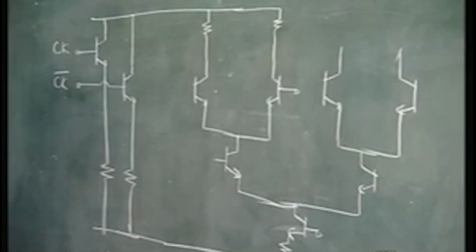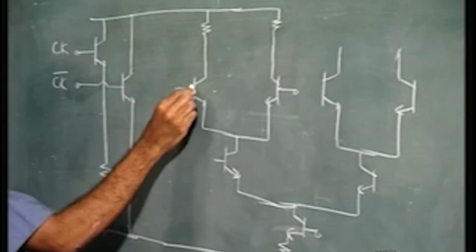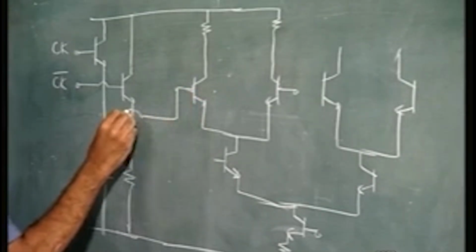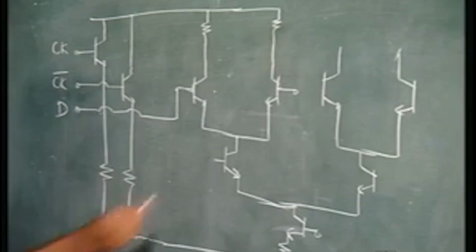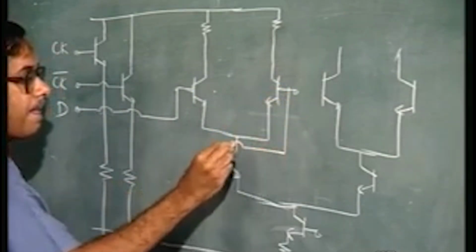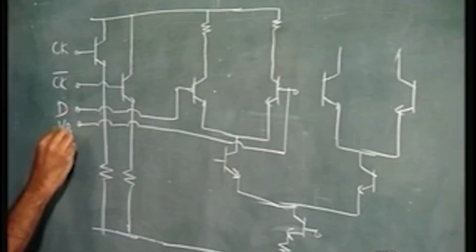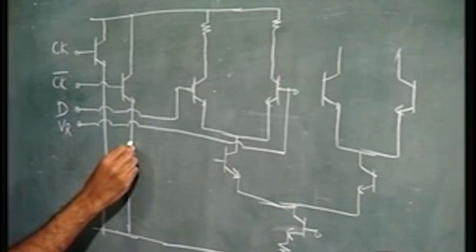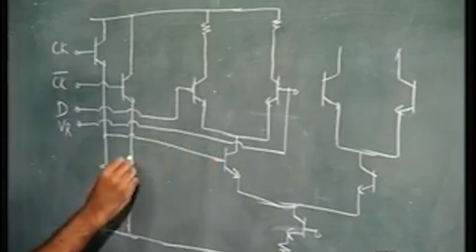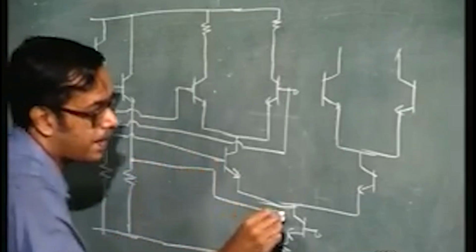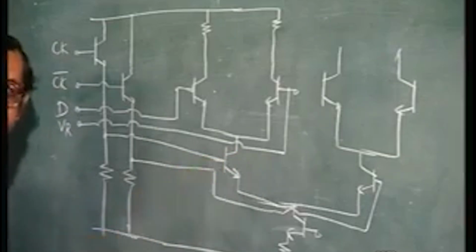and here one is the D input, and the other is the reference voltage VR. One of the clock inputs goes here and the other input goes here, clock bar. So, you have clock and the other is clock bar.